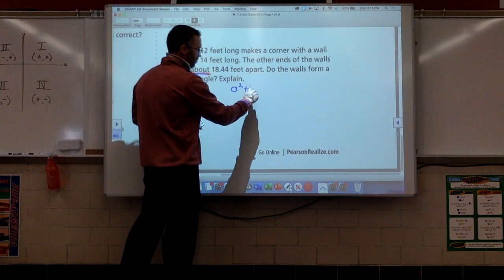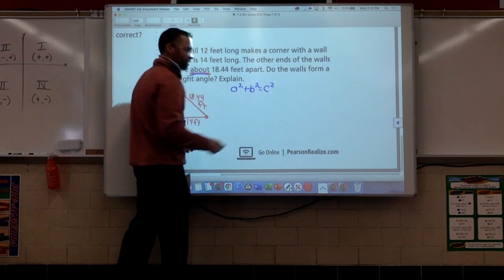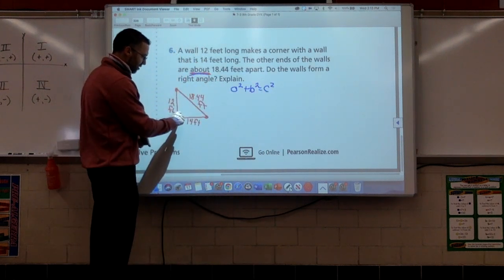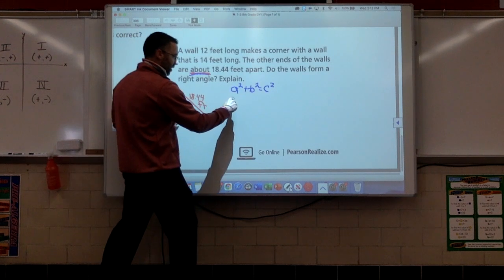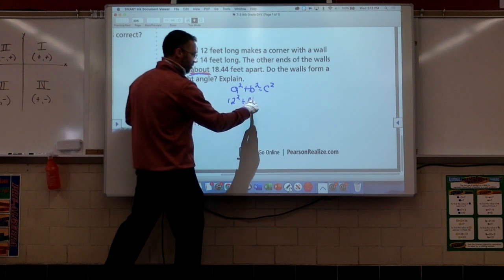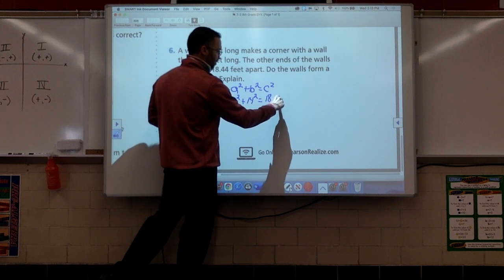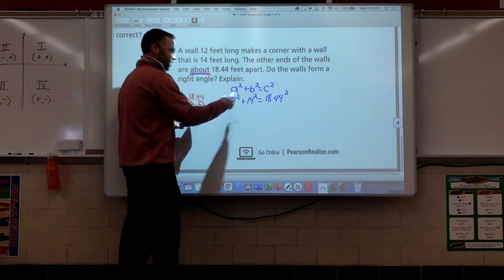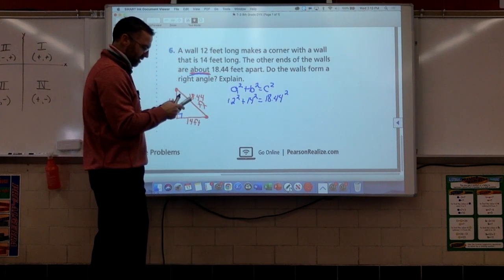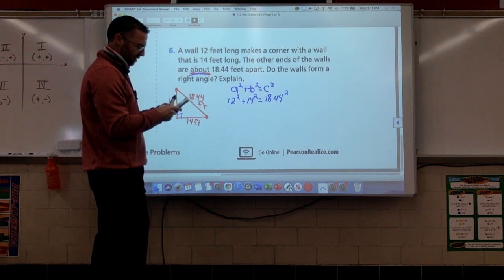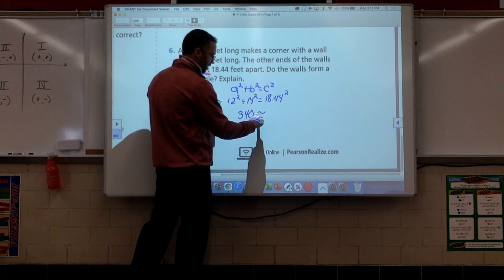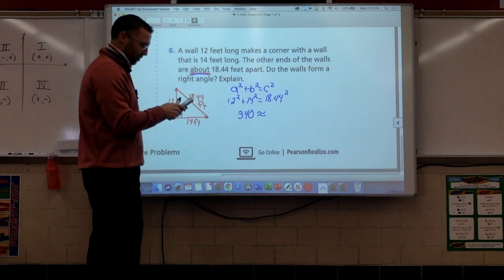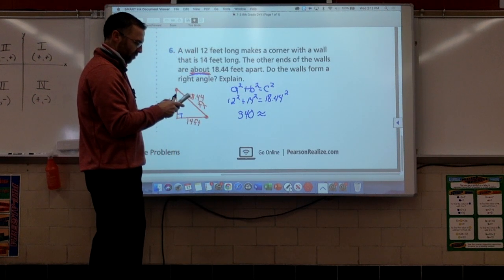This goes back to 7-2. a and b, there's my right angle, because those are the two walls that form a corner. 12 squared plus 14 squared is 340. Is that about equal to 18.44 squared?